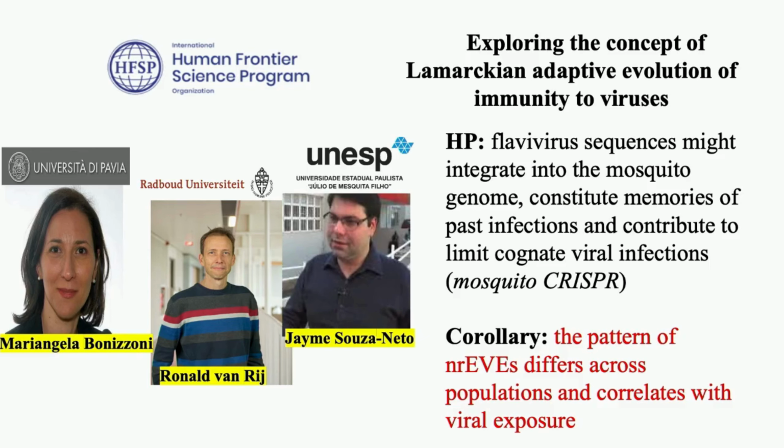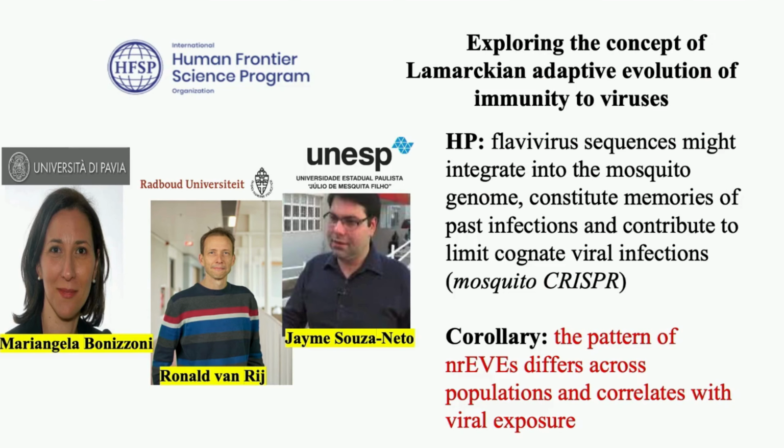So a consequence of this hypothesis is that if this were to be true, then we would expect that if we take mosquitoes in the wild and we look at their genome, the pattern of this viral integration changes, and it should correlate with viral exposure.